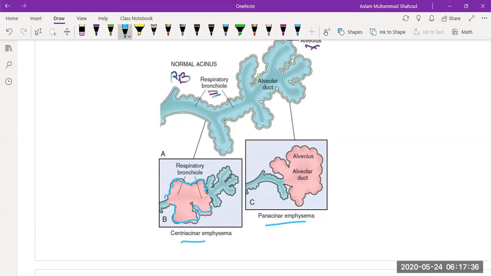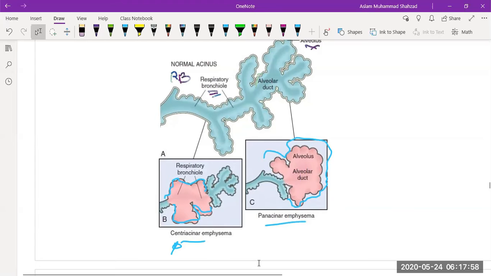That's why we term it centriacinar, on the central part. Whereas in panacinar, the emphysema usually occurs in the distal part of the ducts, in the alveolus or alveolar ducts. So the anatomical position is important for the classification of different types.